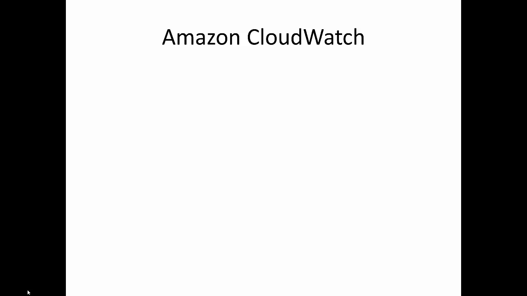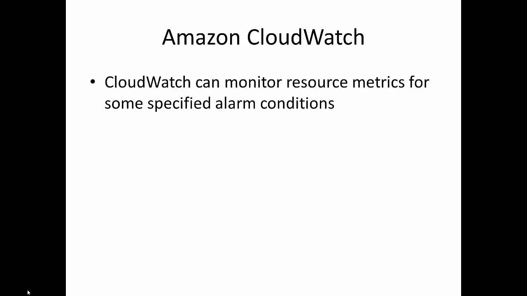So we just introduced a new concept in the previous slide, which is Amazon CloudWatch. How does Amazon CloudWatch work? Well, Amazon CloudWatch can simply monitor resource metrics for a specified alarm condition. For example, you can ask Amazon CloudWatch to monitor CPU utilization and then set an alarm if the CPU utilization increases above, say, 90%.